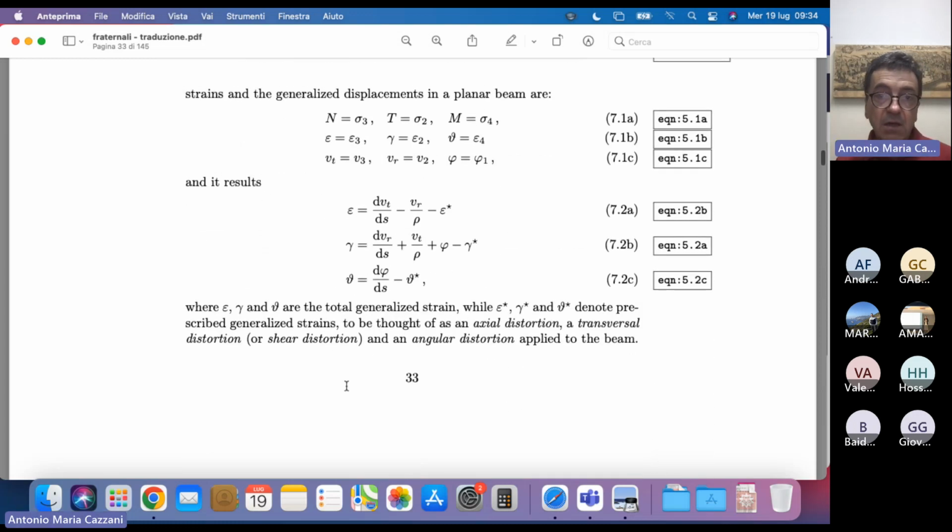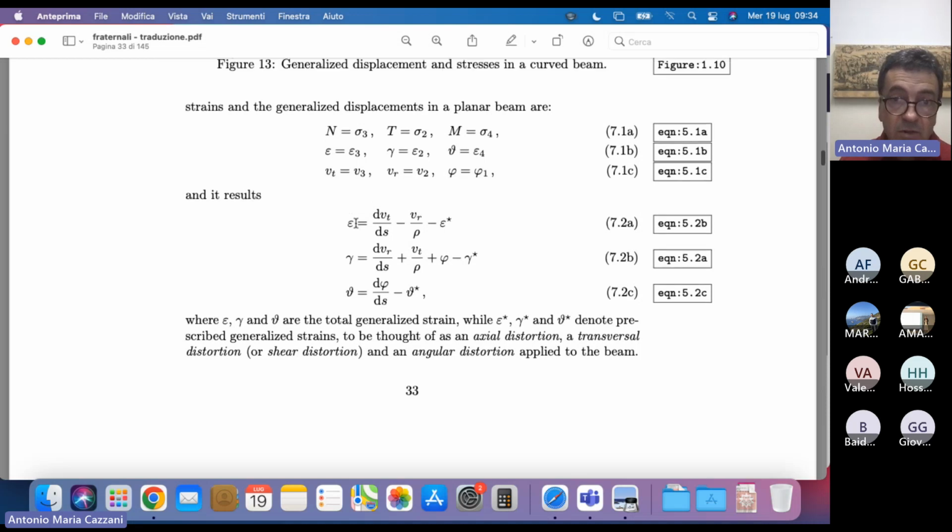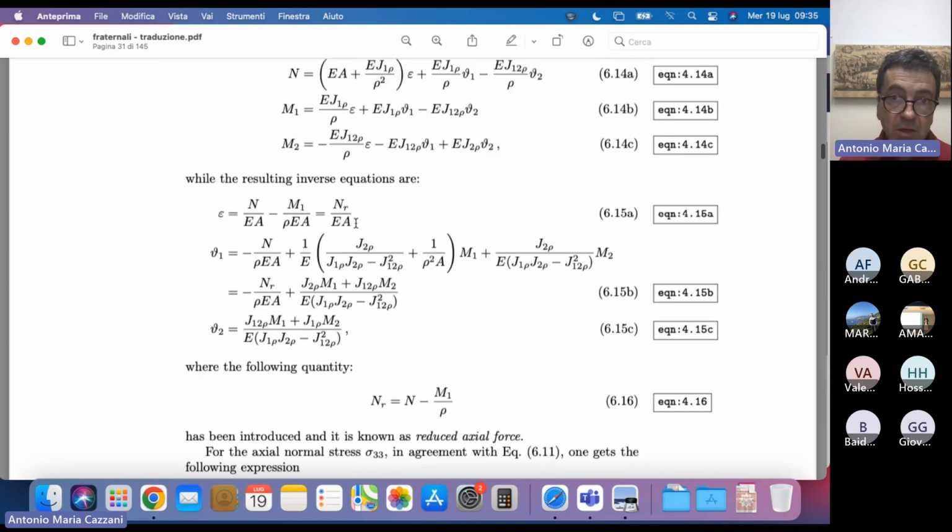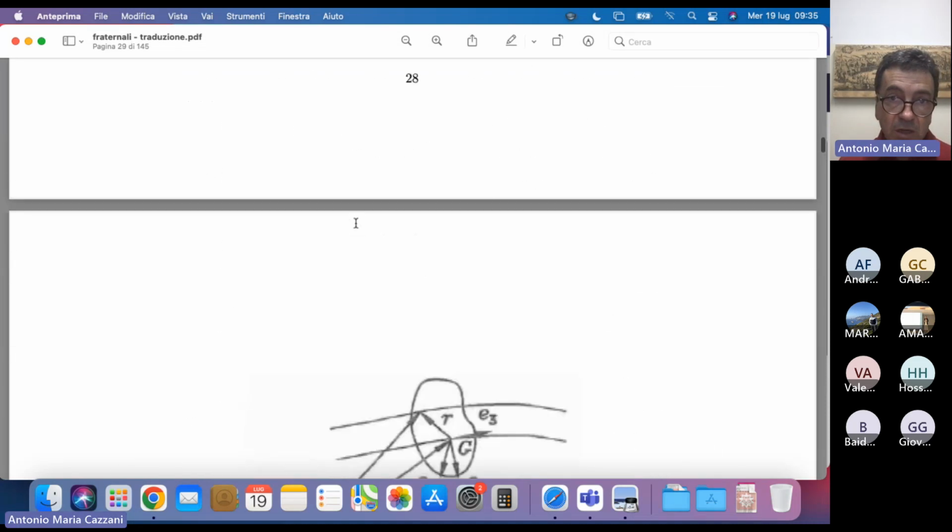So the compatibility equations can be written in this way by selecting the proper terms from the previous formulation, which is this one.